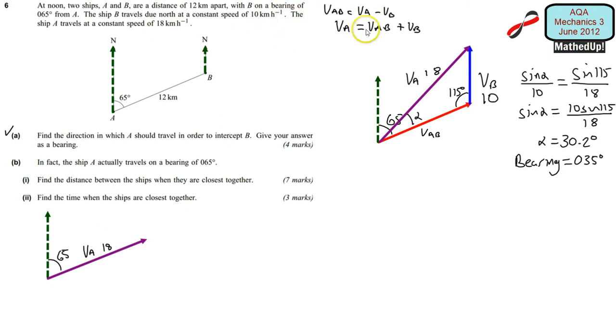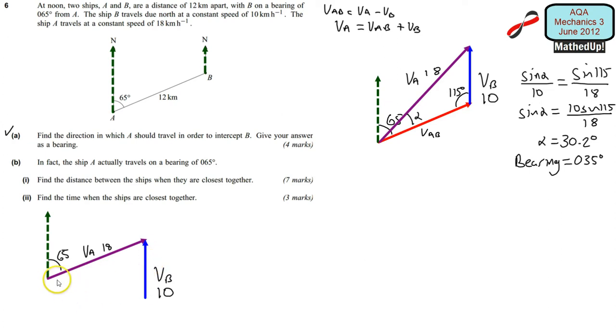Using this, we've got the velocity of A take away the velocity of B. Now I've drawn my velocity of A over here. When I draw my velocity of B, which is the same as before, I'll just borrow that from there. Now that would be the velocity of A plus the velocity of B, but we want the velocity of A take away the velocity of B, so I'm going to draw that down here.